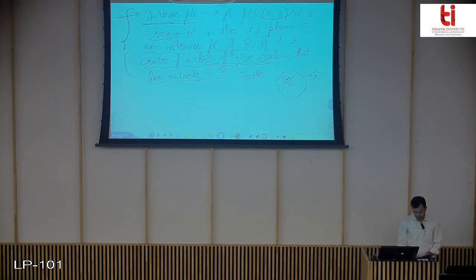Now on the same base, what is the boundary point? Because these are the terms that we will be using in the definition of limit of functions of two variables.